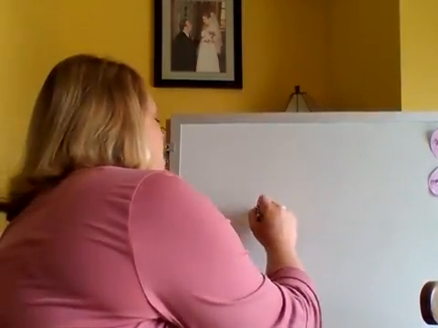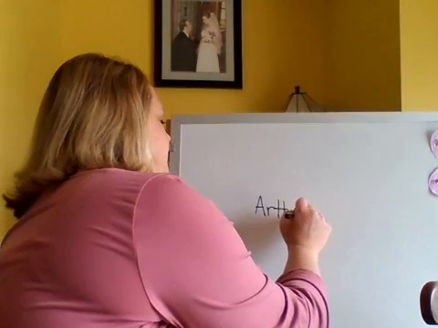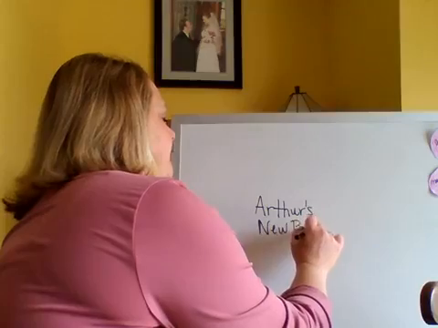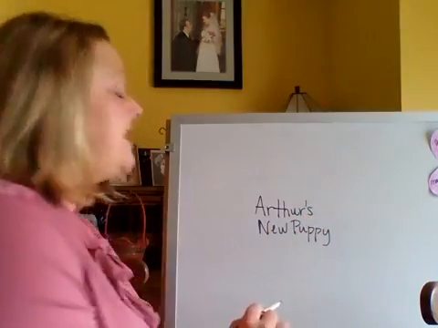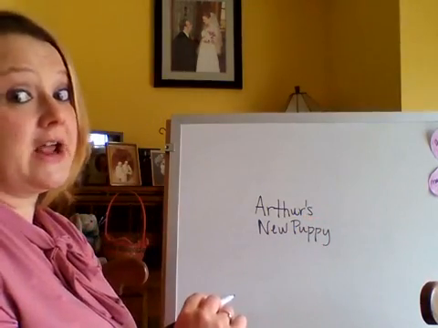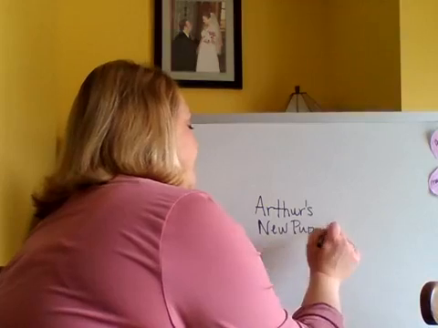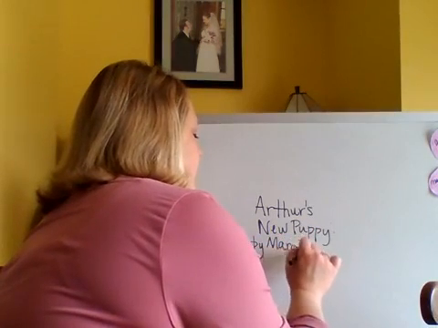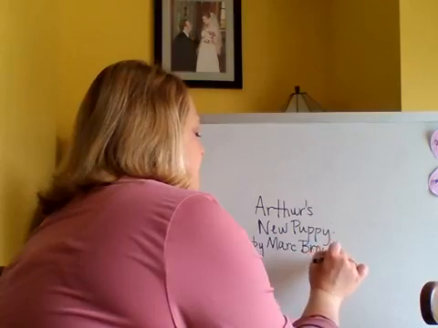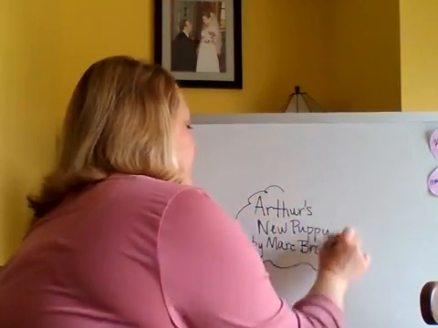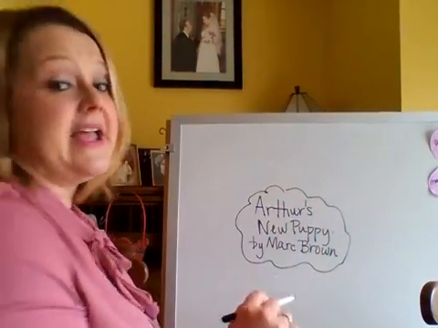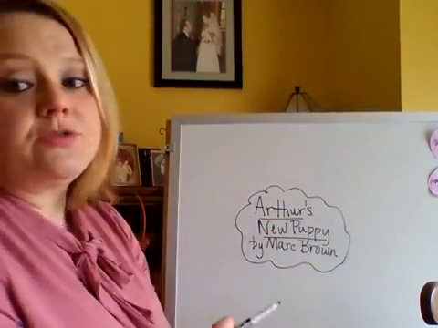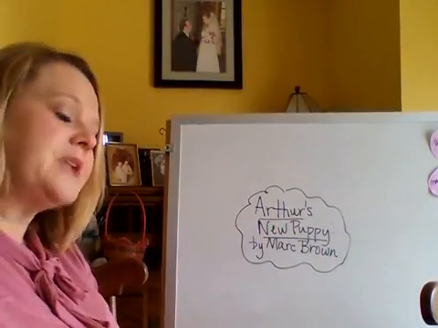So it's going to be Arthur's New Puppy by Mark Brown. I also need to give credit to the author. And because we're handwriting the title, I have to underline it. Arthur's New Puppy by Mark Brown.